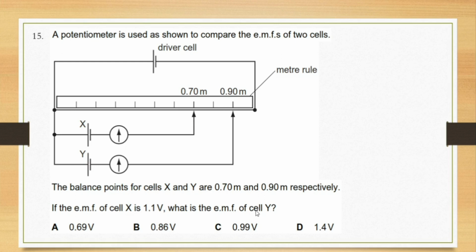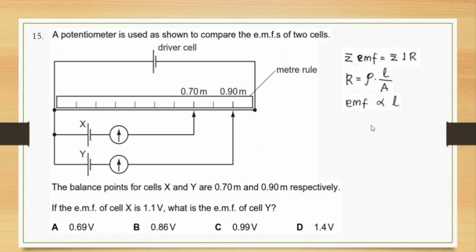We want to find the EMF of cell Y. We have to remember this, the second Kirchhoff's law. The sum of EMF is equal to the sum of potential difference, and R is rho times L over A. These are resistance. Then we can say here that EMF is proportional to L.